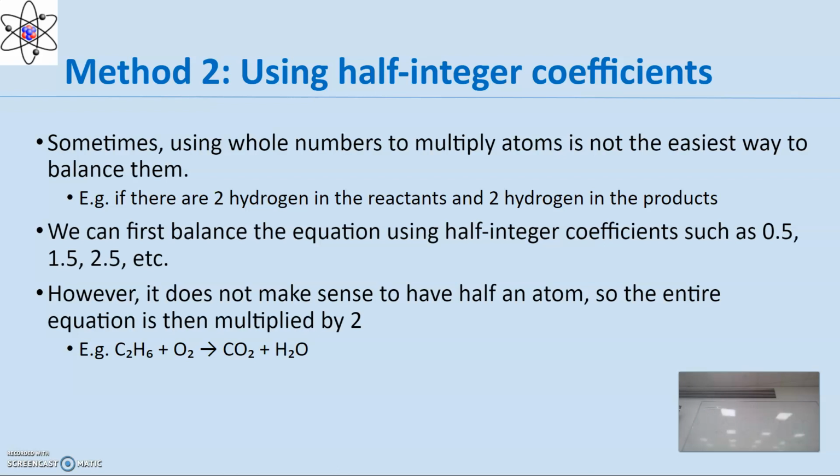Then I balance my hydrogens, 6 hydrogens this side, 2 this side, that would make that 3. So at the moment I would have 2 lots of 2, which is 4, plus 3 gives me 7 lots of oxygen. Balance that amount of oxygen, 7 divided by 2, or 3.5 lots of O2. And then we double all the coefficients together, which will give me 2, 7, 4, and 6.